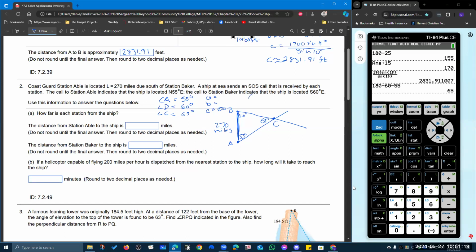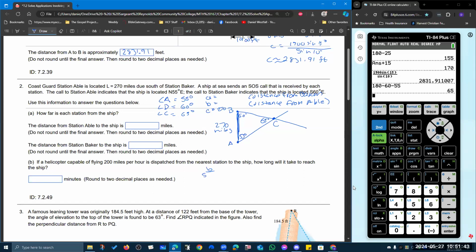So this is the distance from Baker, and this is the distance from Able. They ask us first for the distance from Able, so let's find side B first.